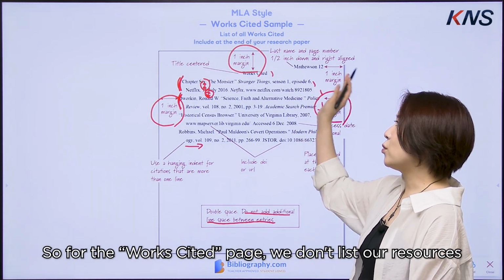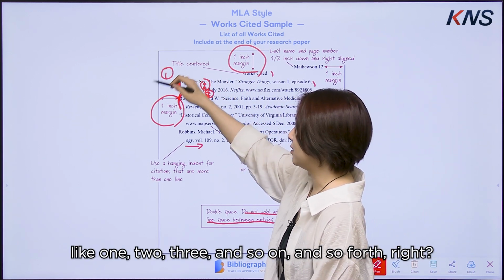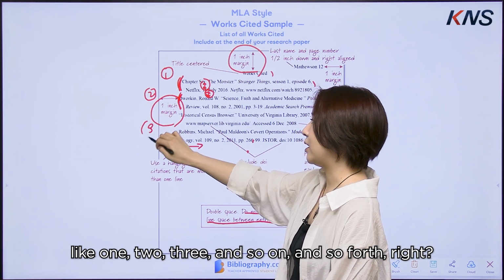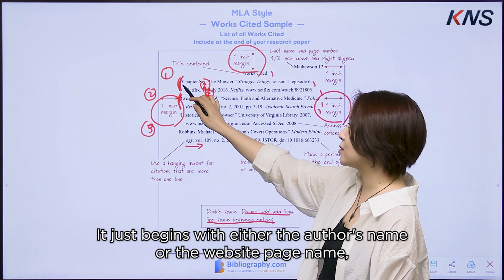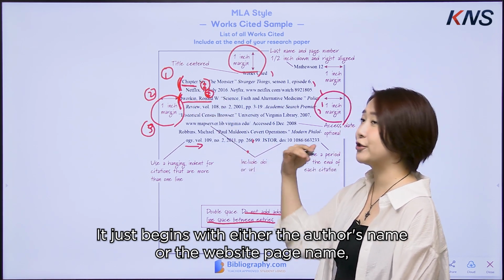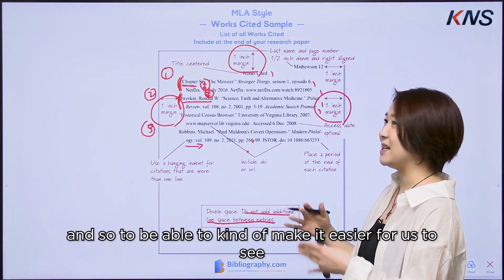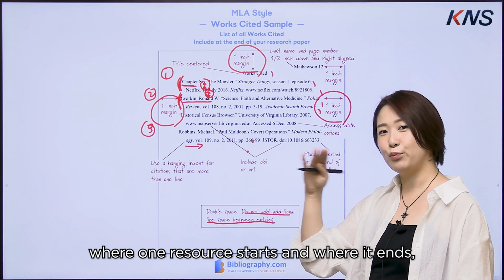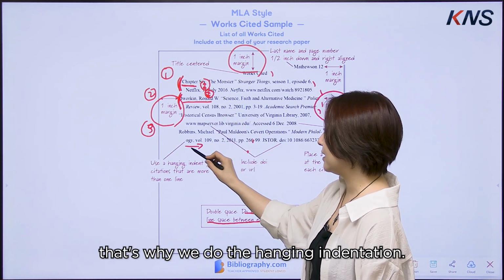For the works cited page, we don't list our resources like 1, 2, 3, and so on, right? It just begins with either the author's name or the website page name. And so to make it easier for us to see where one resource starts and where it ends, that's why we do the hanging indentation.